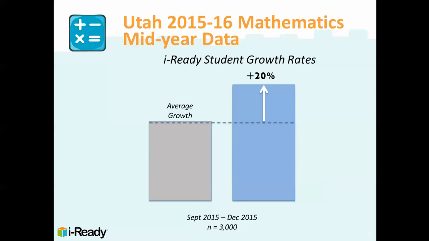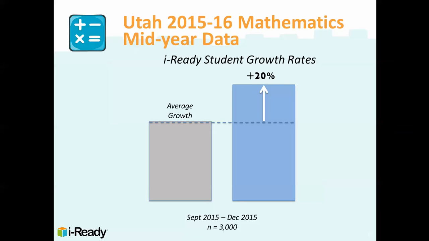So at the beginning of the 2015-16 school year, we did another internal research program. We looked at the kids who were using with fidelity, and we also needed students who had taken an assessment in September at the beginning of the school year and who had taken a mid-year assessment around the end of December. So probably less than 4 months of actual instruction time.